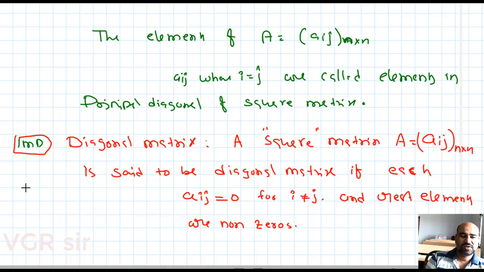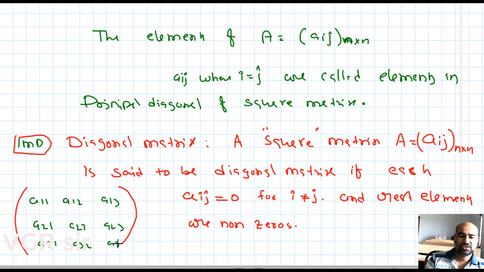I will explain here clearly. For example, a 3 by 3 matrix: A11, A12, A13, A21, A22, A23, A31, A32, A33.